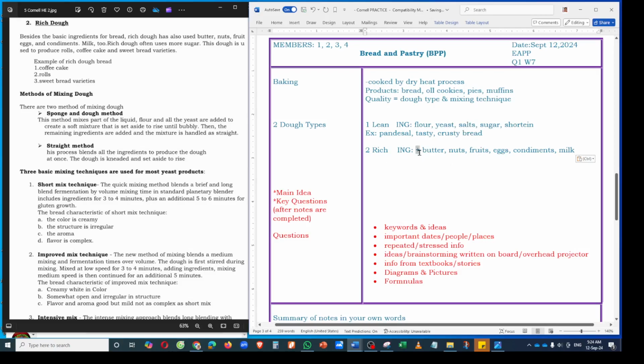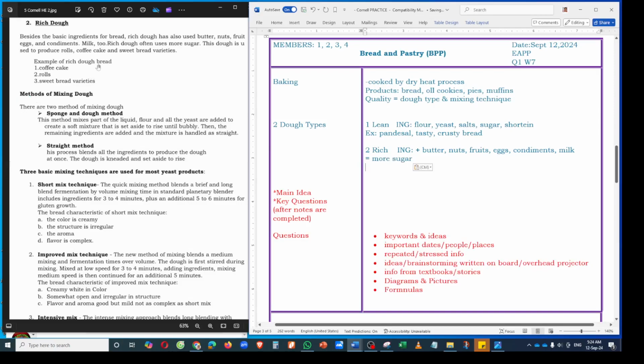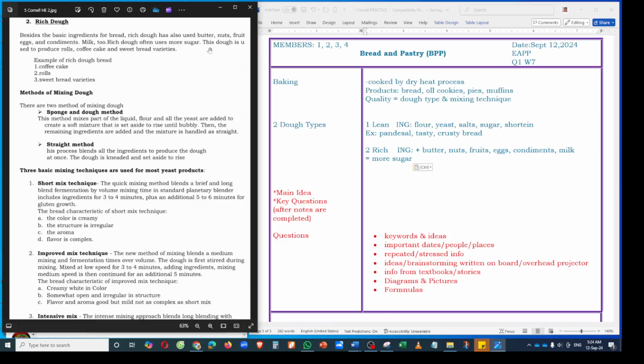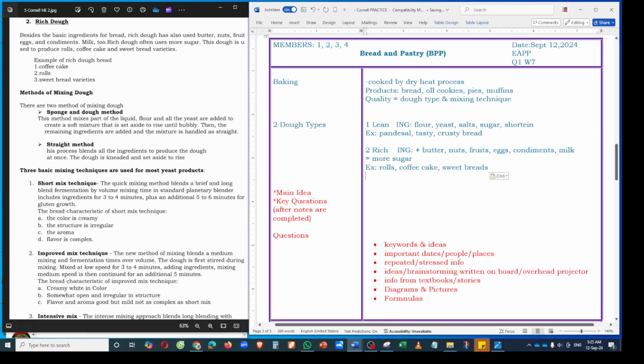You put the indicator plus, and then butter, nuts, fruits, etc. Now, it also mentions na yung important keyword na binanggit niya, itong rich bread has more sugar. It has more sugar. So once you have written more sugar, then it gave you the examples, coffee cake, etc. So you write the examples also. Kasi nilista mo yung examples sa kabila.